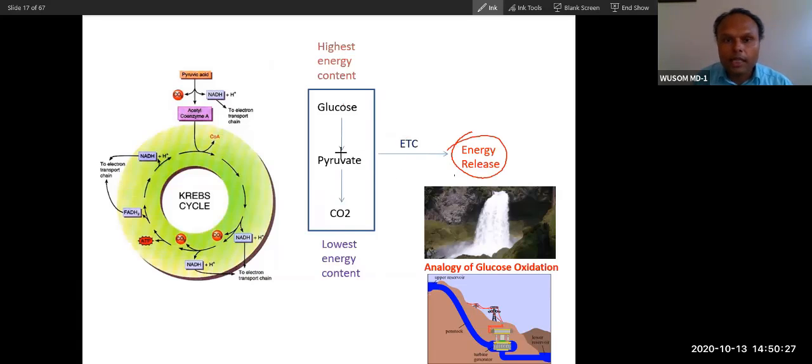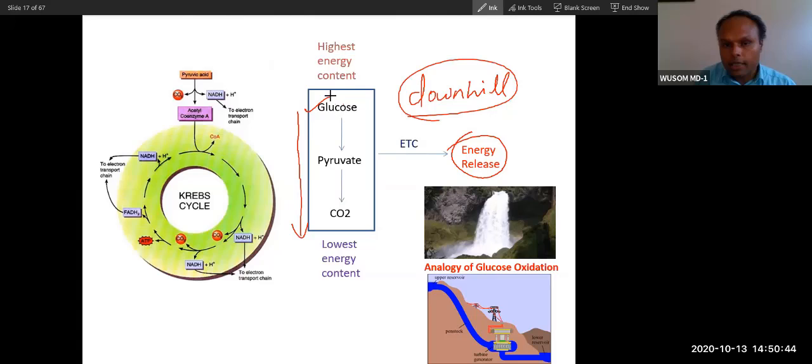This has a very great implication. We will learn all metabolic pathways by considering them like a flow of river, especially catabolic pathways. We will call a catabolic pathway a downhill reaction. Downhill reaction means a reaction from higher potential energy of a molecule to lower potential energy of a molecule.